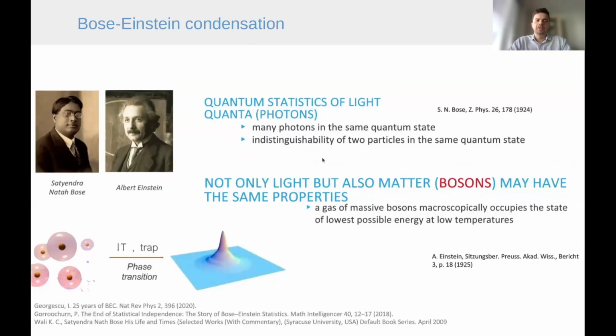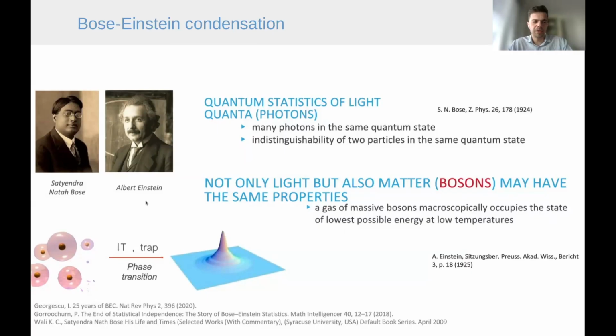Albert Einstein immediately noticed that this theory can be applied to bosons in general, not only to photons. It can also describe matter particles which are bosons. So not only light, but also matter can have the same properties. One of the consequences was that a gas of massive bosons can macroscopically occupy the state of the lowest possible energy at low temperatures.